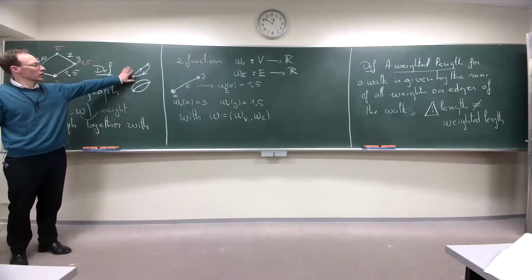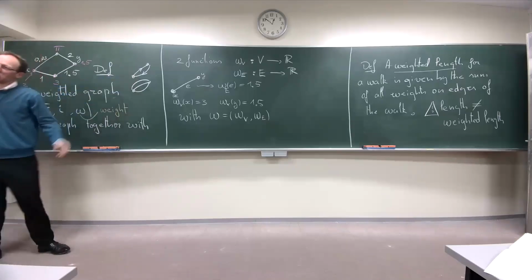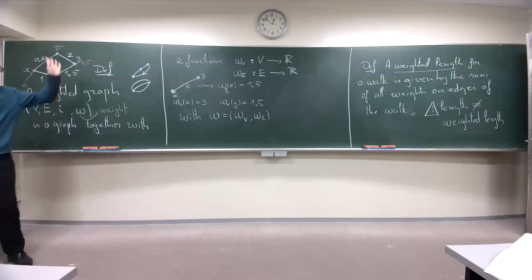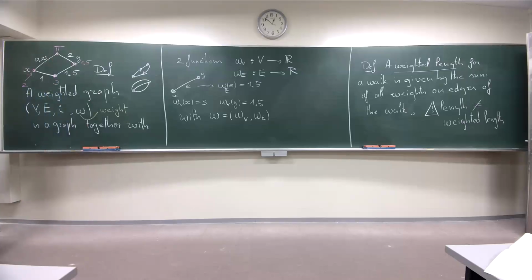Or you can have something different of this type. So it's quite flexible. All right. So keep in mind, we can add information on edges and on vertices by functions defined either on the set of vertices or on the set of edges. And then you can encode any information.